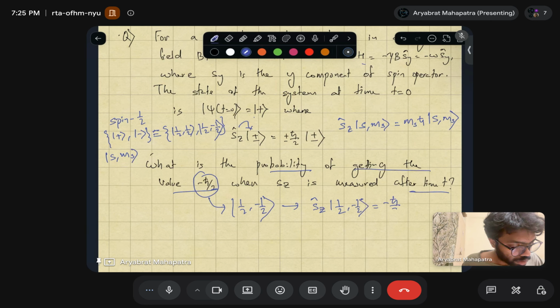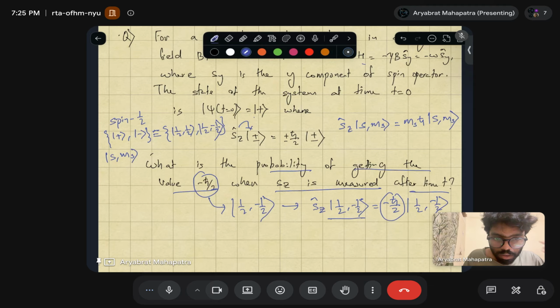If it had been half, half, then measuring S_z, that is operating S_z on half, half, would have given plus h bar by 2. But you are getting minus h bar by 2, so it definitely means the state corresponds to half, minus half.